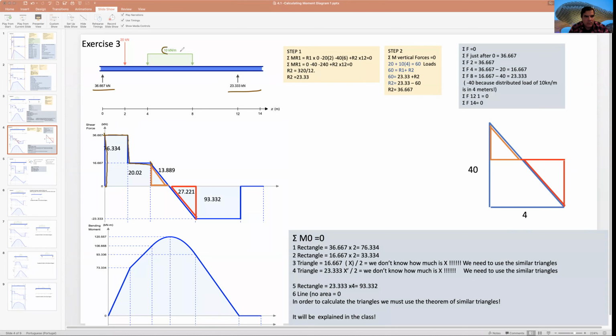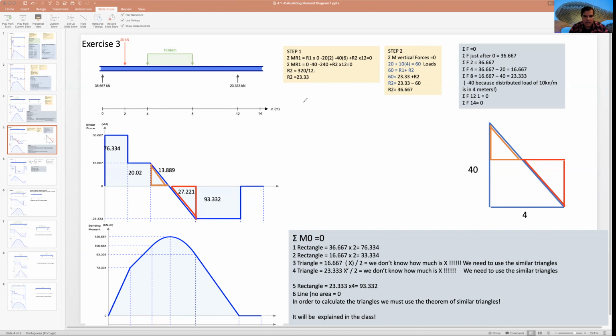We have a distributed force of 10 kilonewtons over 4, therefore this is 40. And we start going down from 16, 40 negative, that is 23, and we go down with an inclined line. After, nothing happens, and we have a force of 23, and we go here 23, nothing happens, and we close the beam.